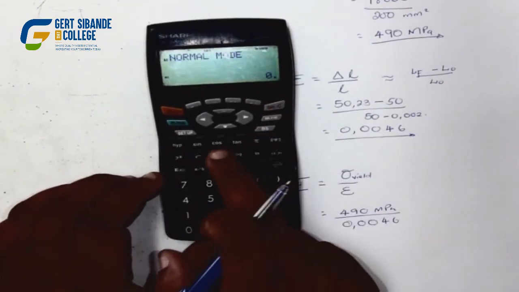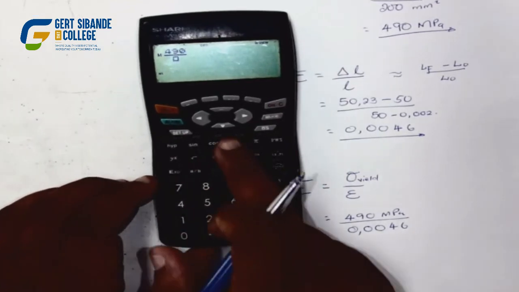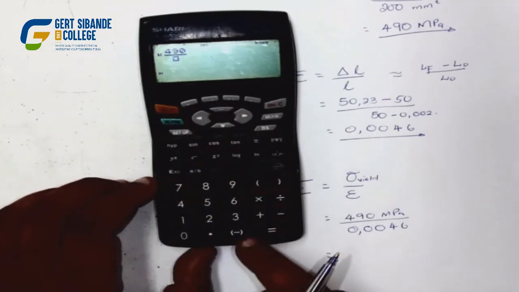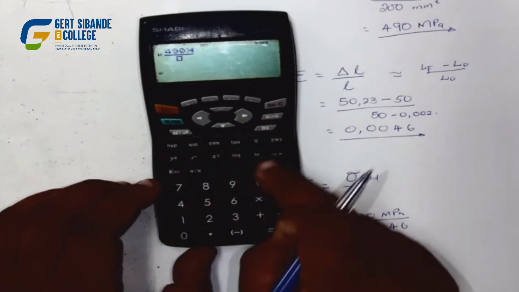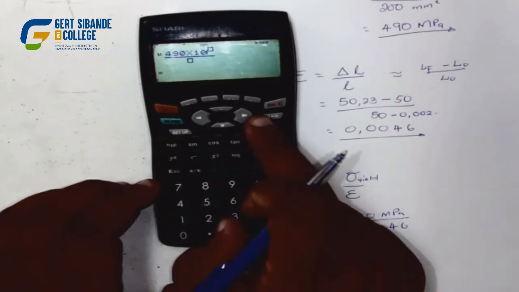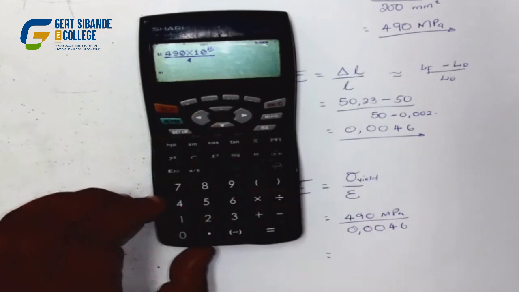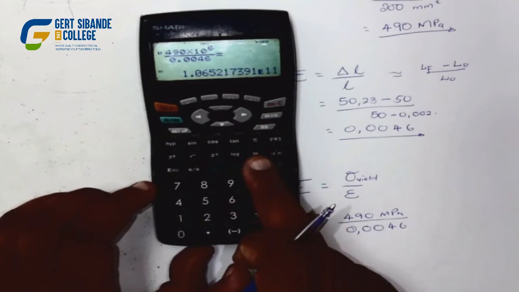So that is 490 times 10 exponent 6 divided by 0.0046.